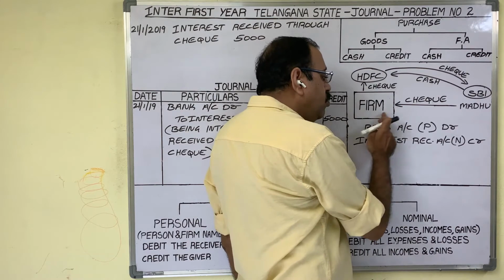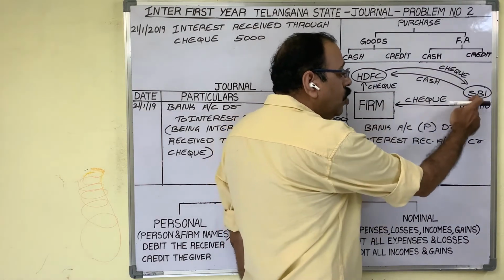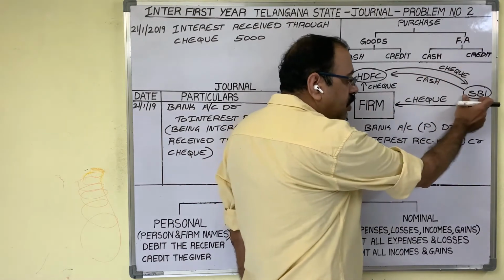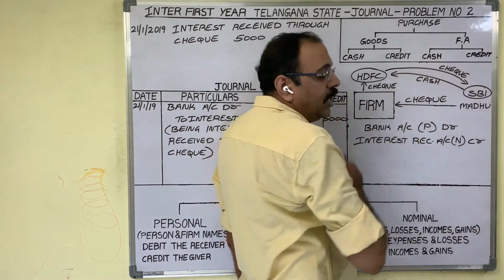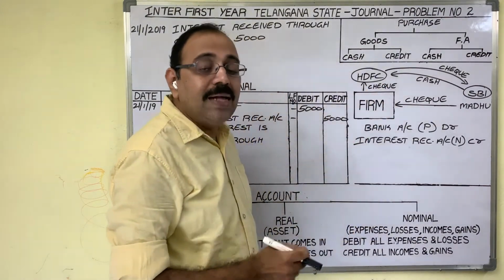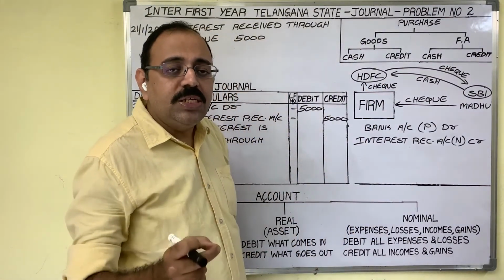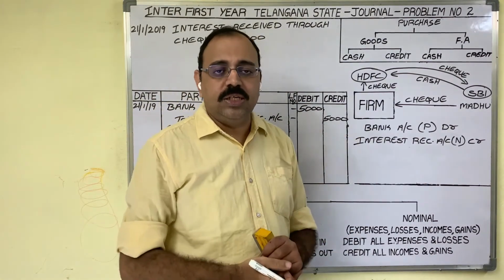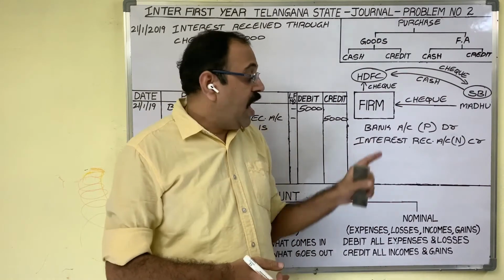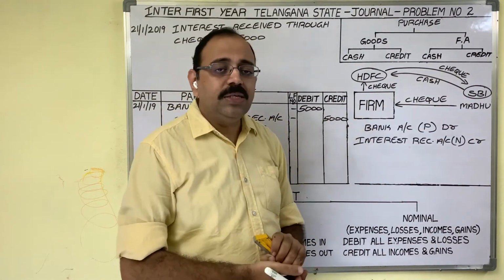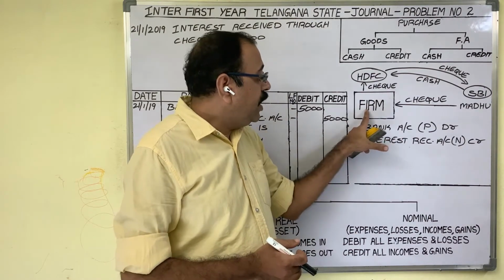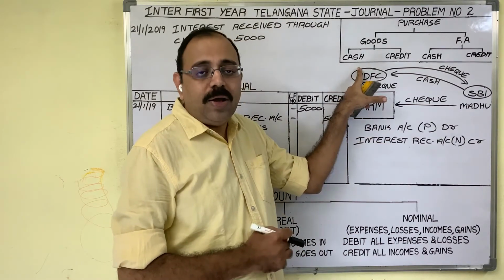Actually, the firm owner should go to SBI, Madhu's bank, present the check and take the money. But we are running a business. As a businessman, we receive so many checks from suppliers, customers, etc. Can we go to all those banks? Impossible. So what we do, we maintain one current account in one bank, no?